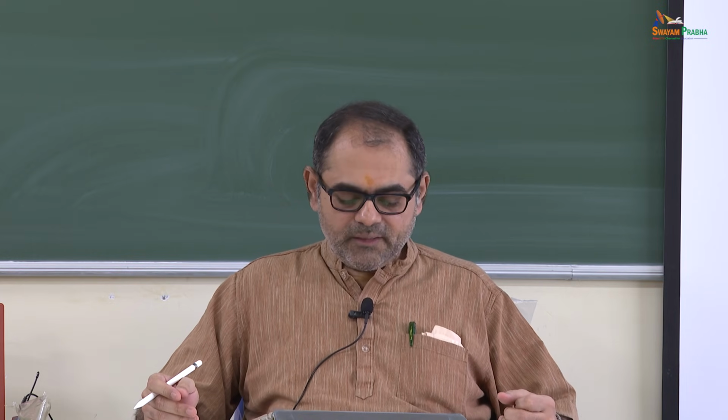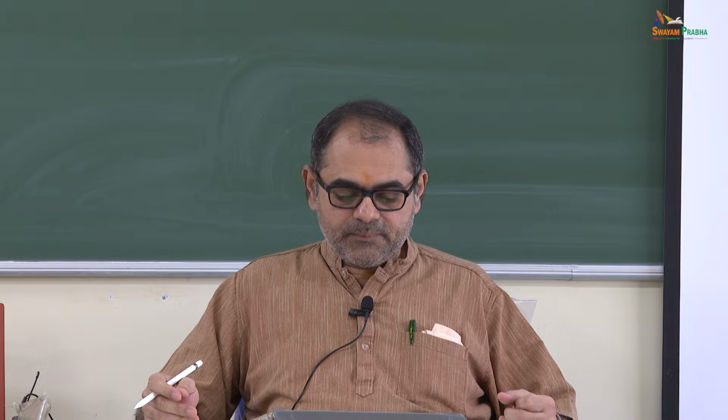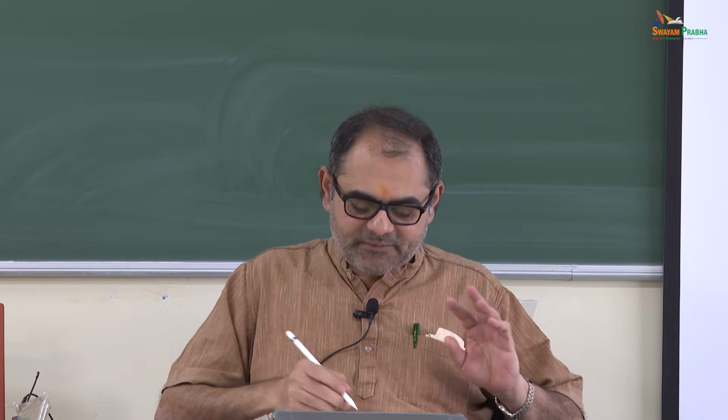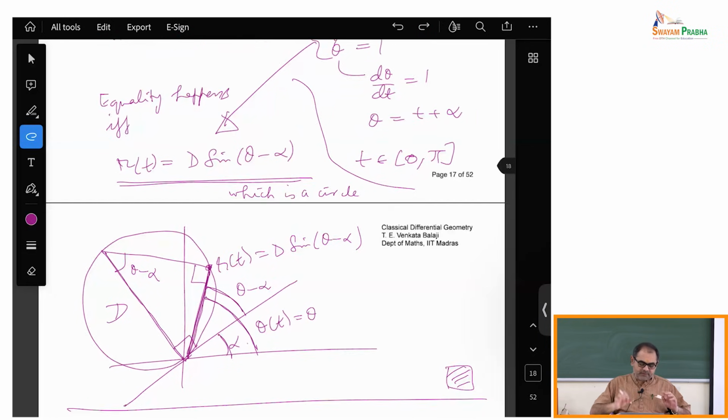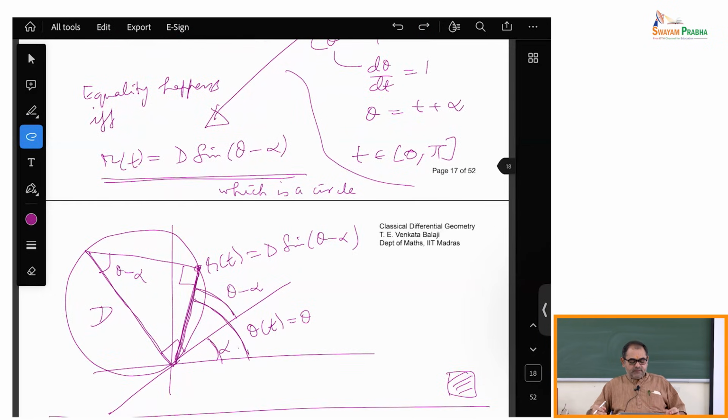All right, now that finishes the proof of the isoperimetric inequality. Here is a question that you have to ponder about: where have we used the fact that the curve is simple?